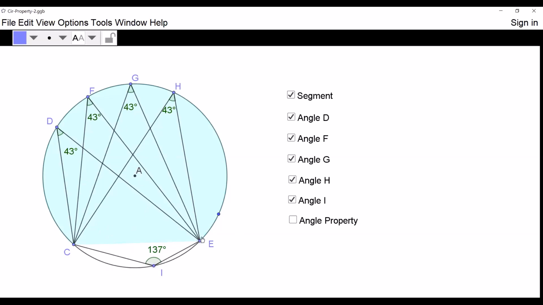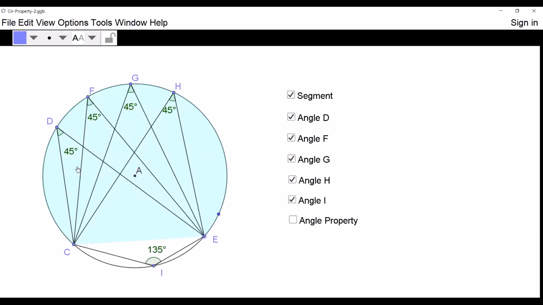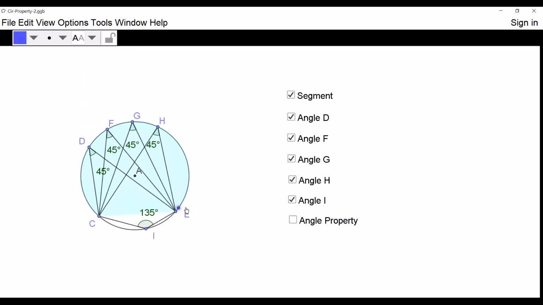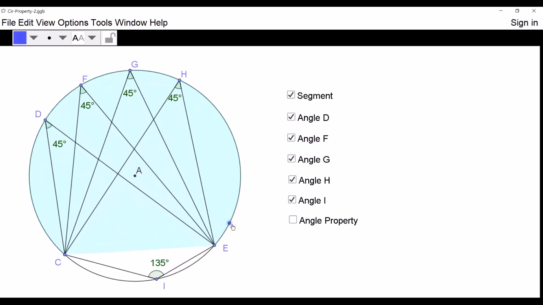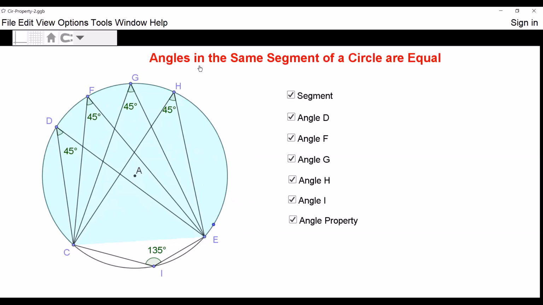So what we have seen here is that all the angles in the same segment are equal, irrespective of the angle size and size of the circle. So angles in the same segment of a circle are equal. So this is the second property of circles.